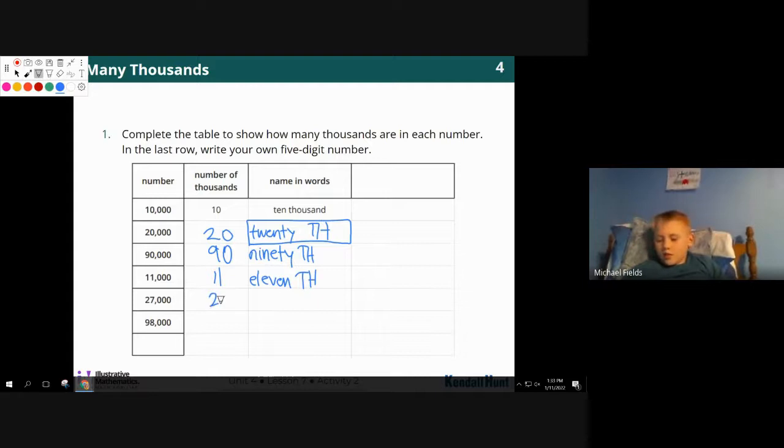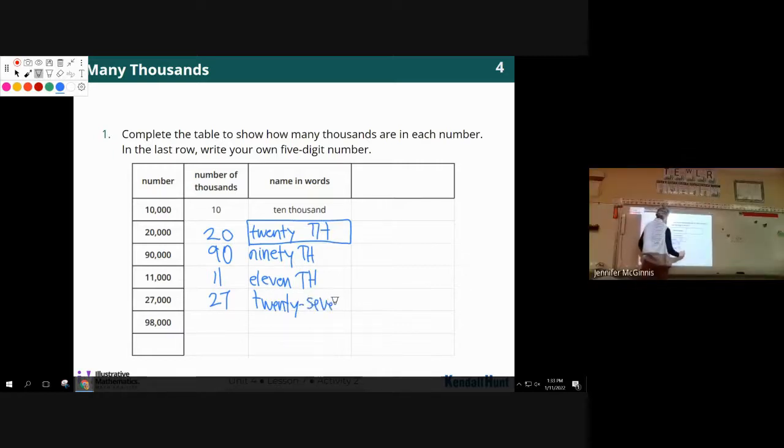27,000. It'd be 27. Yep. And then you would write 27 TH. Good. Class, your online people have been filling in the chart for you to check your answers on their work.